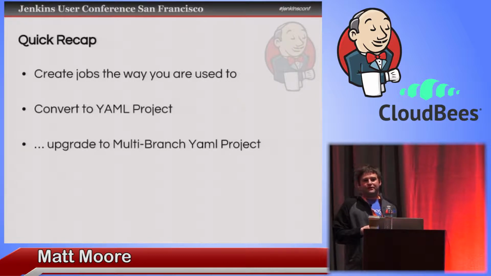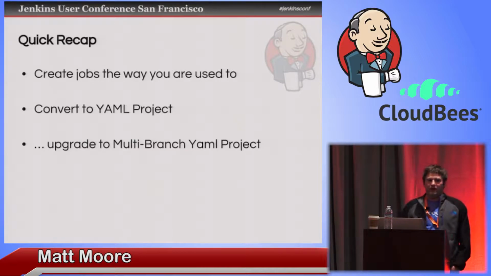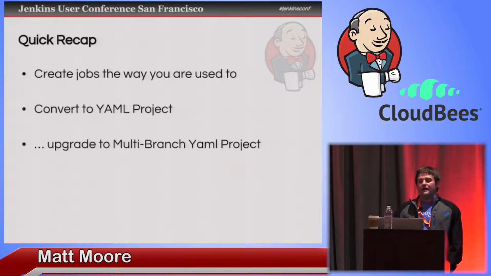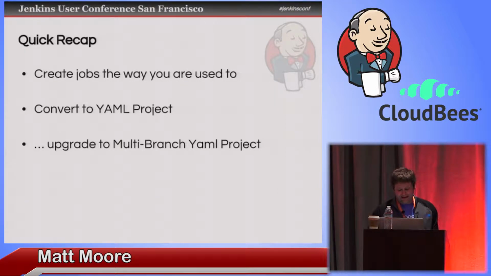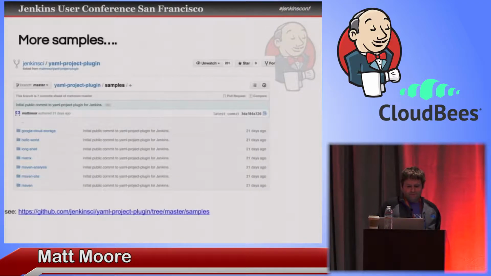As your configuration grows and you start to use more plugins, you may also have a growing development team, right? And you may grow from having one branch to many branches. So enter the multi-branch plugin, which I'm a big fan of, and a lot of this is built on top of it. So before we get into multi-branch, the YAML project plugin repo has a samples directory. This will grow.